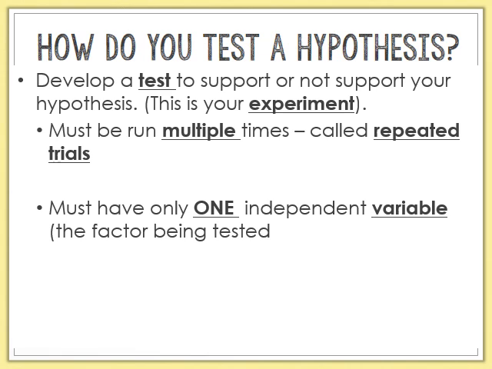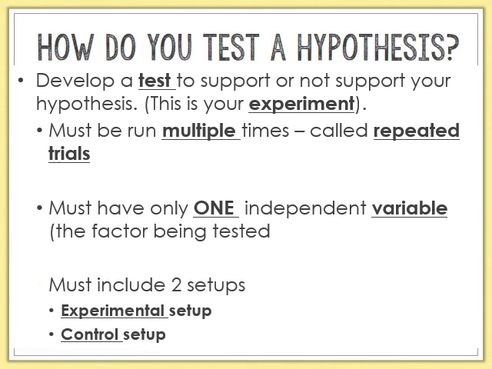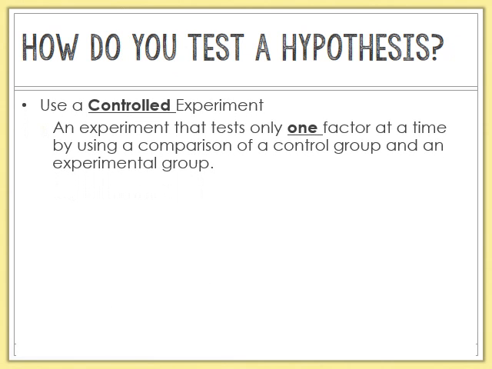So obviously, you have to have one independent variable, which is the factor that's being tested. And you cannot have more than one independent variable, but you're going to have two different setups when you are doing an experiment. You have to have your experimental setup and you have to have your control setup. So what does that mean?